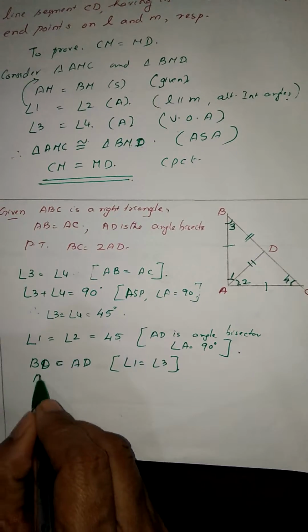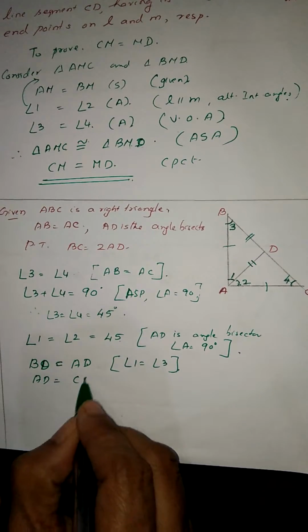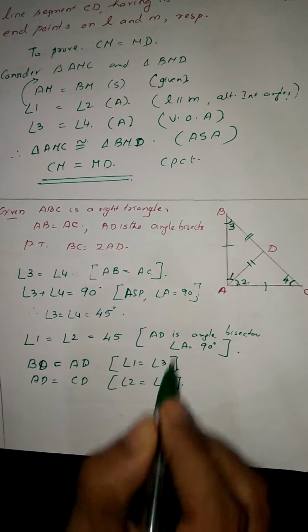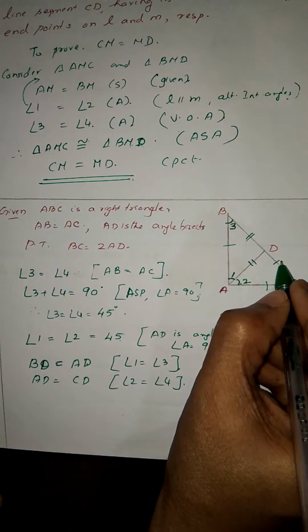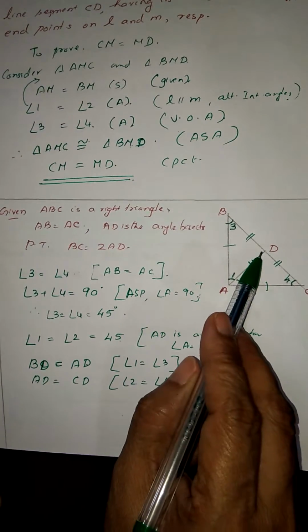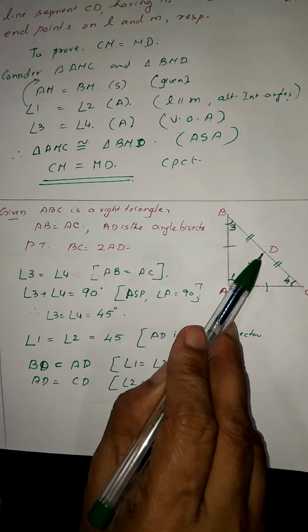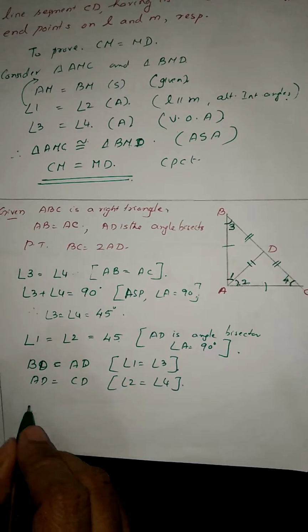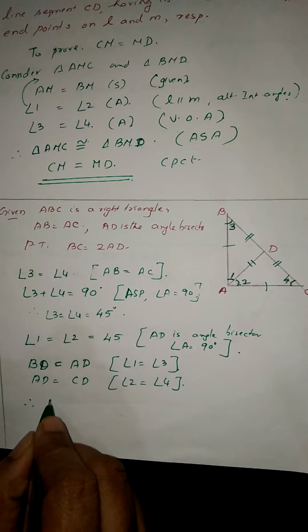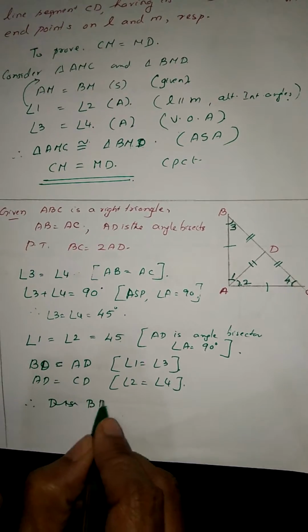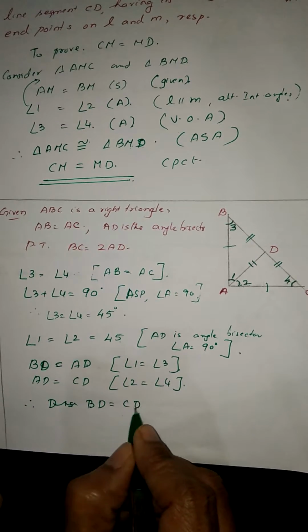Therefore AD is equal to CD because angle 2 is equal to angle 4. Therefore, you can say these two are equal. Therefore, D is the midpoint of BC. Therefore, BD is equal to CD.